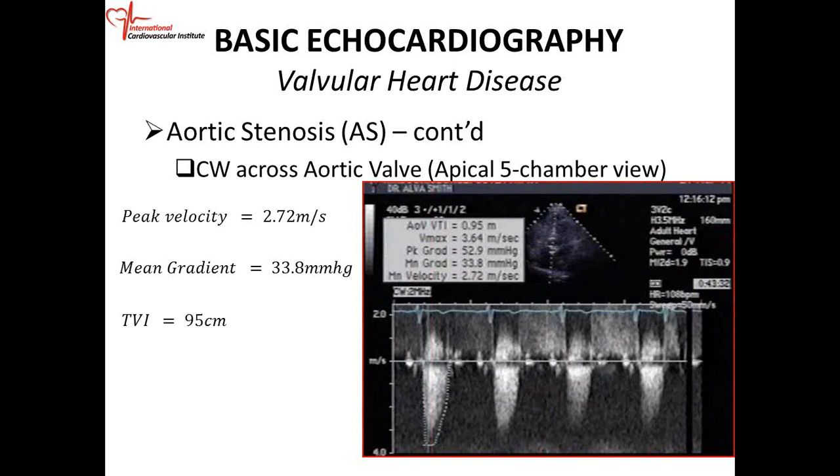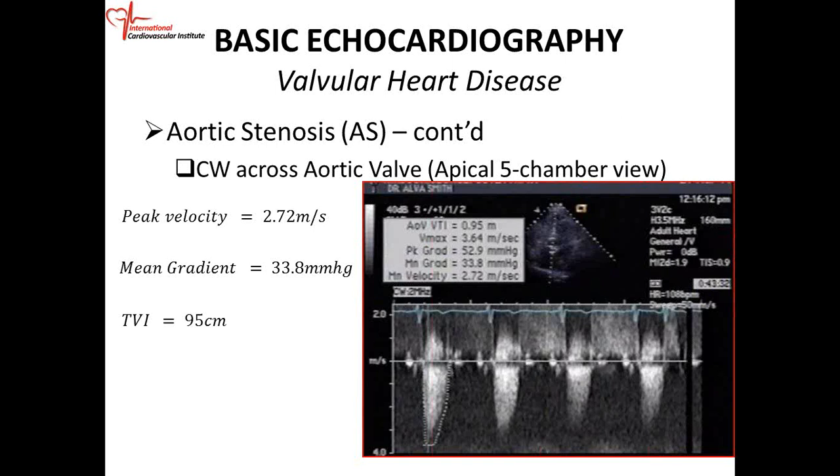You should always remember, the aortic valve area is equal to 0.785 times d squared, where d is the LVOT diameter, times the LVOT TVI divided by the aortic valve TVI.